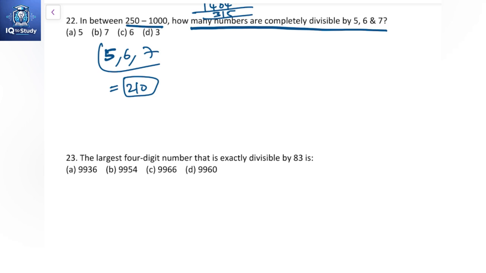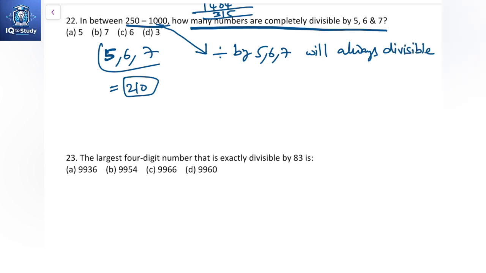Numbers from 250 to 1000 which are divisible by 5, 6 and 7 will always be divisible by 210, or multiple of 210.